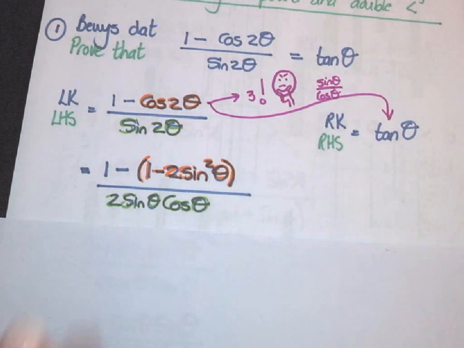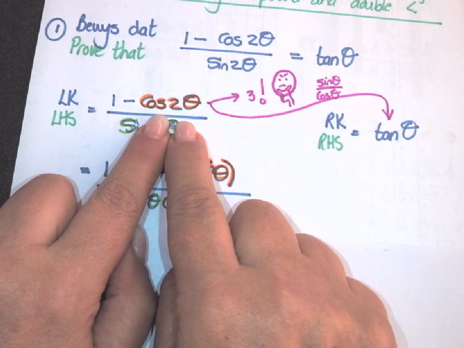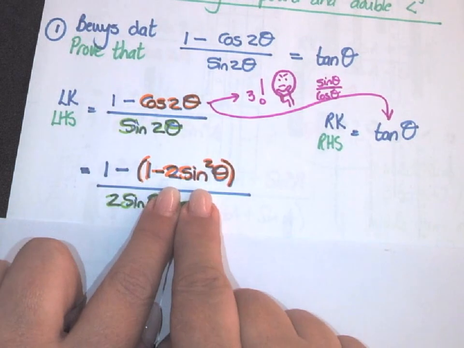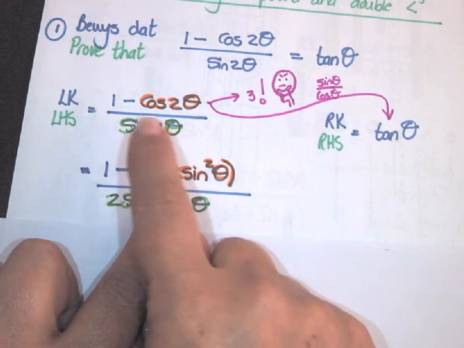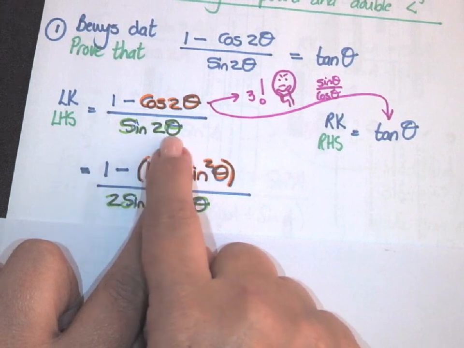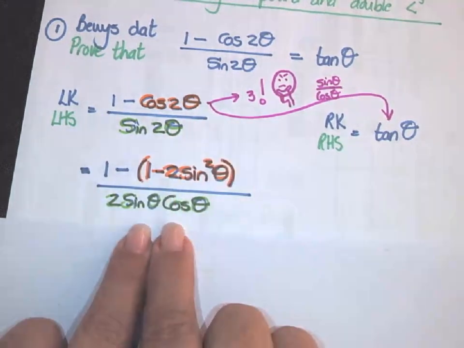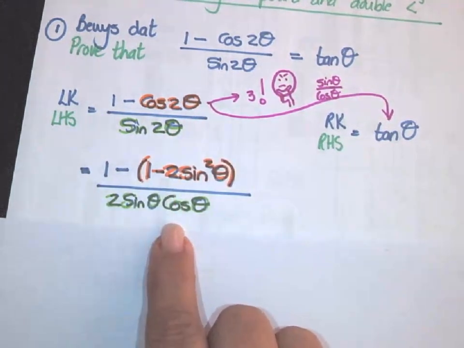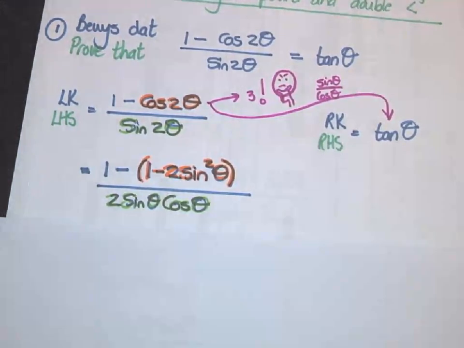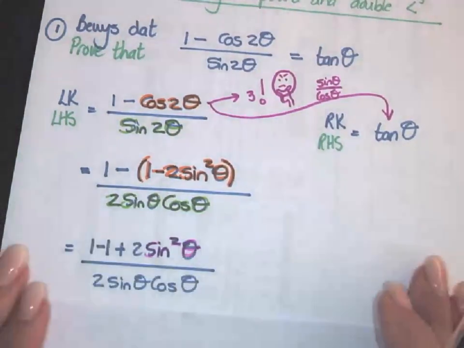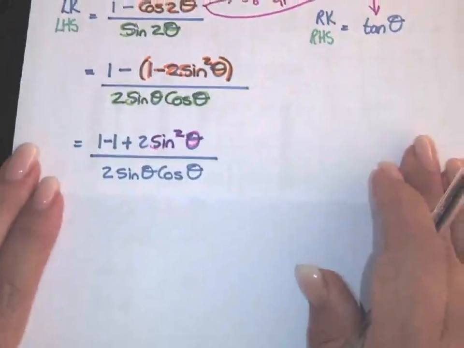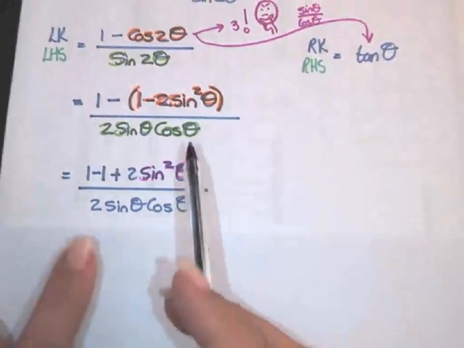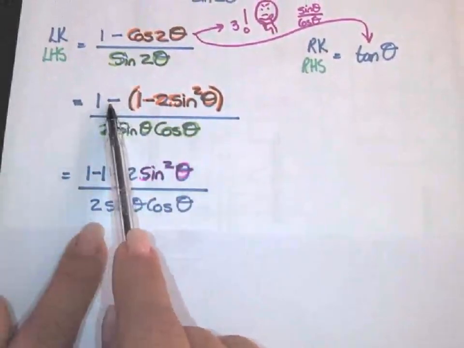So, the double angle of cos, we decided we're going to use the sine option. And here I have a double angle of sine, which can only be this. So I multiply the minus into the bracket.